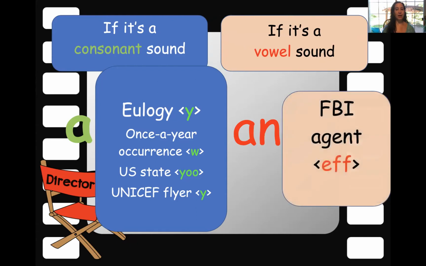An FBI agent has an FBI. Okay? I know it's tricky. So remember, just pause and rewind, and you can review this again. Okay? You will get it, I promise.